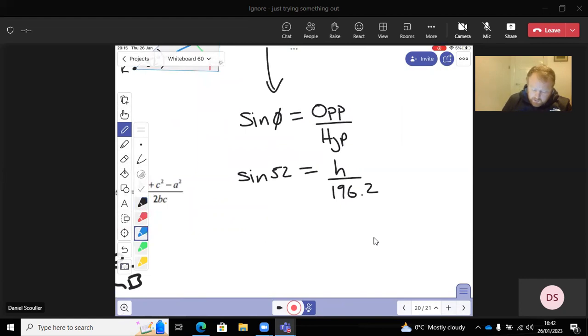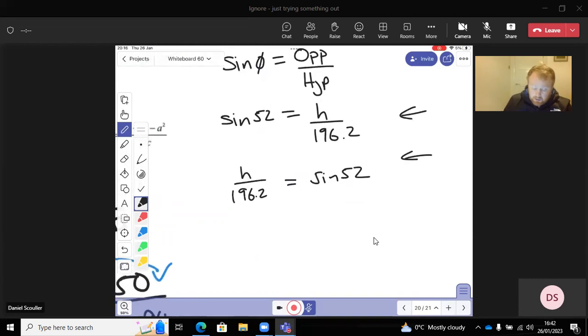We want to isolate h. Now this is one of those occasions where I'll just flip that so h is on the left hand side. I'm writing out the exact same equation. I've not moved anything yet. I've just put h on the left hand side and written it out fully again. That and that is the exact same equation, but I'm just turning it round so h is on the left hand side. That means I can move this 196 over here.